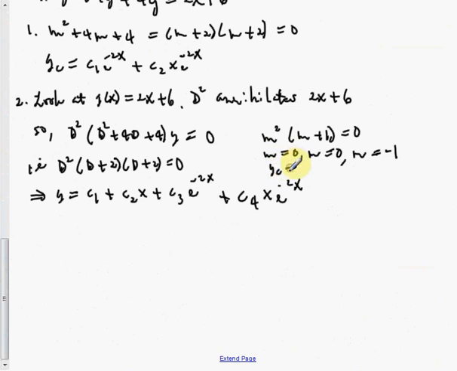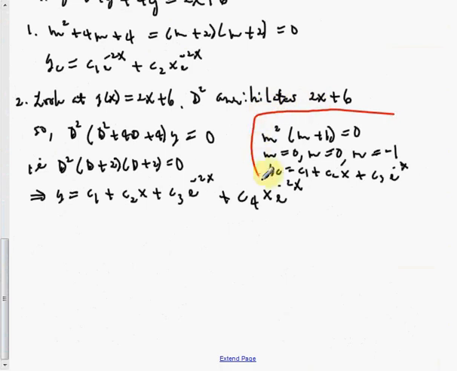You say y sub c is equal to c sub 1, because that's basically c sub 1 times e to the 0x, which is just c sub 1. And then, since the zeros are repeating, it'll be plus c sub 2 times x times e to the 0x. So this would be c sub 2 times x plus c sub 3 times e to the negative x.